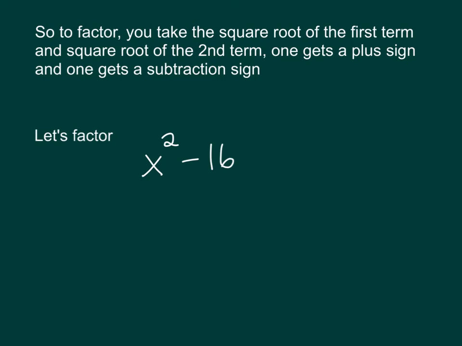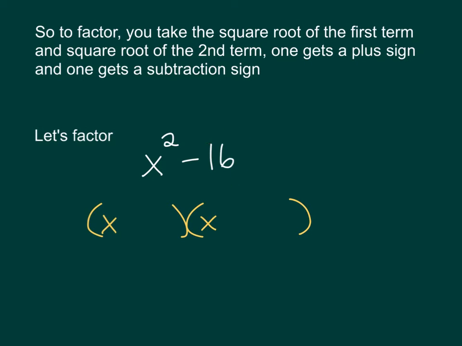So let's factor x squared minus 16. Okay, well, I know without even doing the box method, and I can do the box method for this, I am taking the square root of this first term. Well, the square root of x squared is simply an x. So that's going in the first place. Then I'm going to take the square root of the last term.